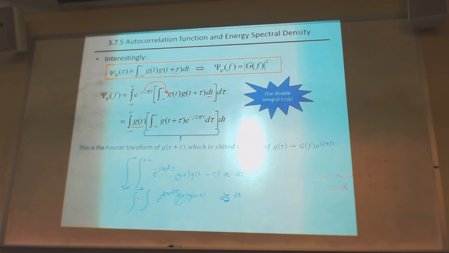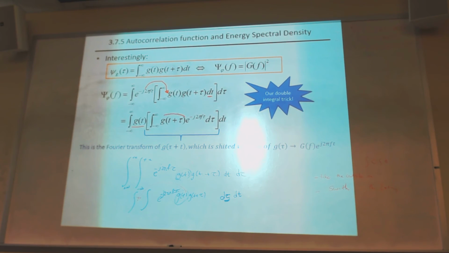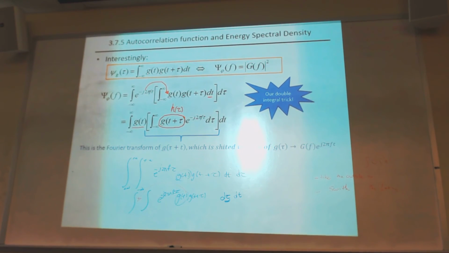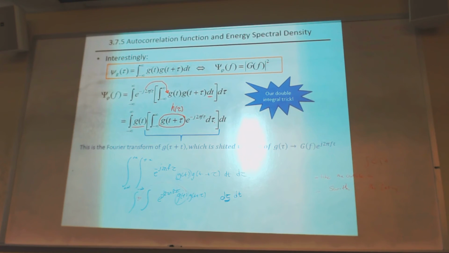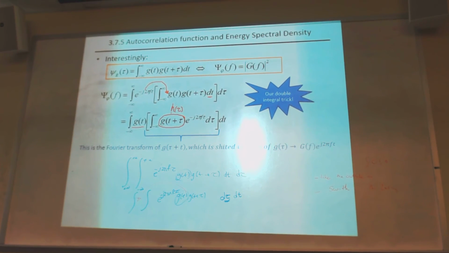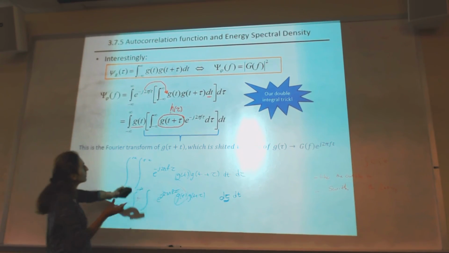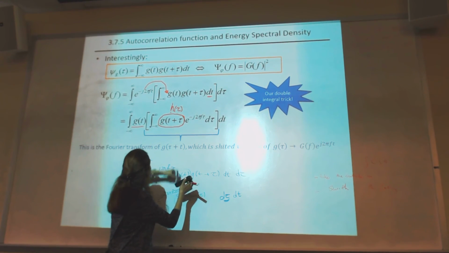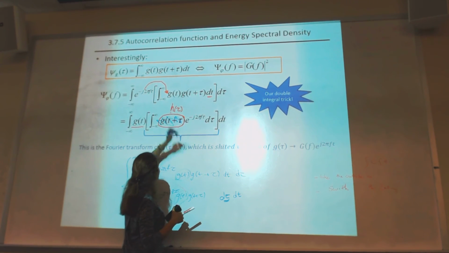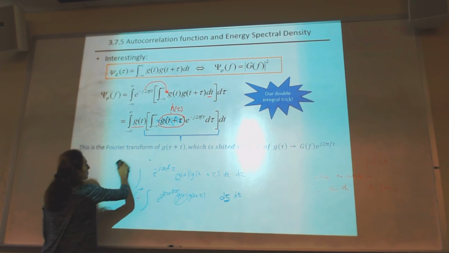So let me call this h of tau, a function of tau. So the integral of h(tau) e^(-j 2 pi f tau) d tau. That's the Fourier transform for what? Forget about this. Assume instead of this I have some function h or g, whatever.